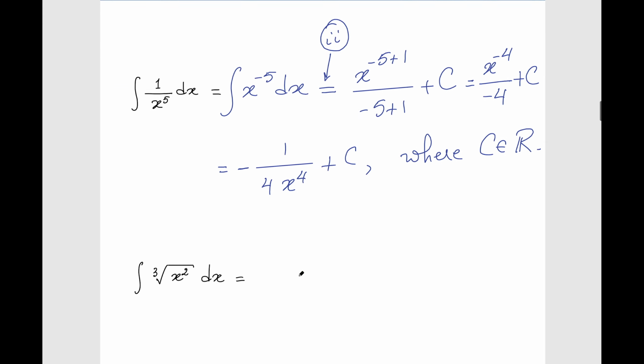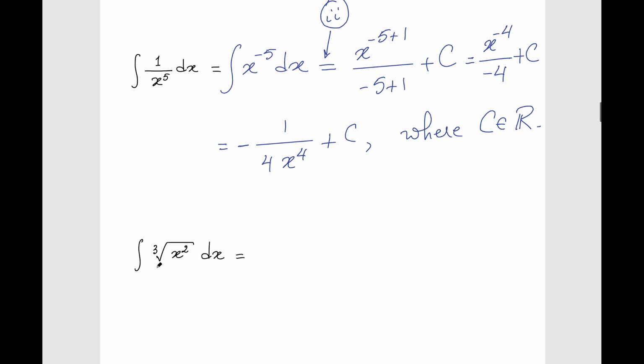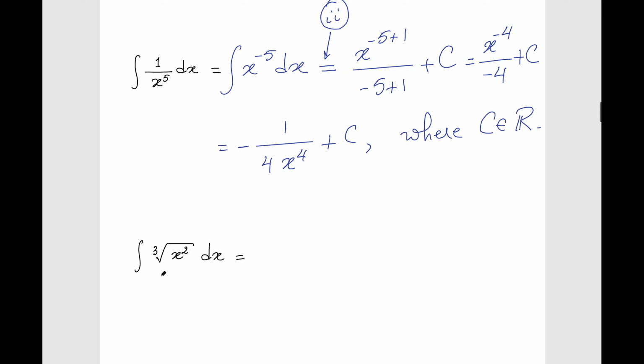All right. Next, primitive of the third root of x squared. All right, what is that? This integrand looks very strange, but not once you realize that this can be written as x to the power 2 over 3. Right?